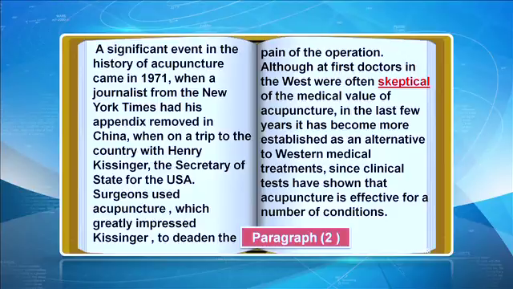Although at first doctors in the West were often skeptical of the medical value of acupuncture, in the last few years it has become more established as an alternative to Western medical treatments since clinical tests have shown that acupuncture is effective for a number of conditions.